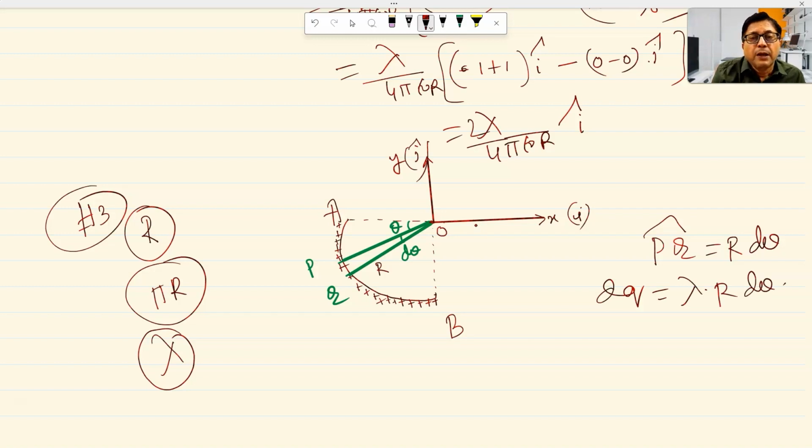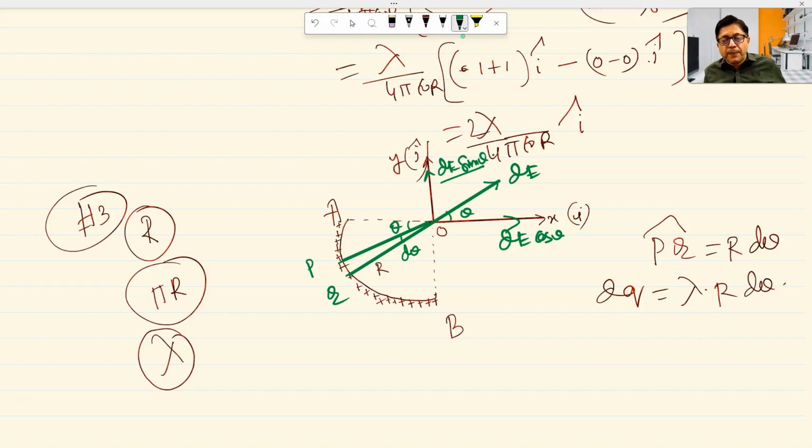Okay. Now the electric field here has two components. This is the direction of electric field. If this one is theta, this is theta, component this way will be dE cos theta, and this way it will be dE sin theta. Okay.